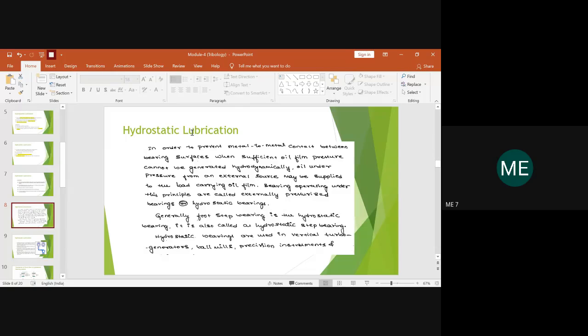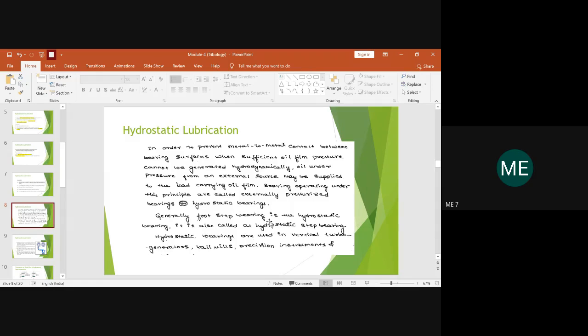If the bearings use hydrostatic lubrication, the name we give is hydrostatic bearings, and it could also be called a hydrostatic step bearing. These are the two names you have to keep in mind. In the examination, whether they ask for hydrostatic bearings or hydrostatic step bearings, they are one and the same.